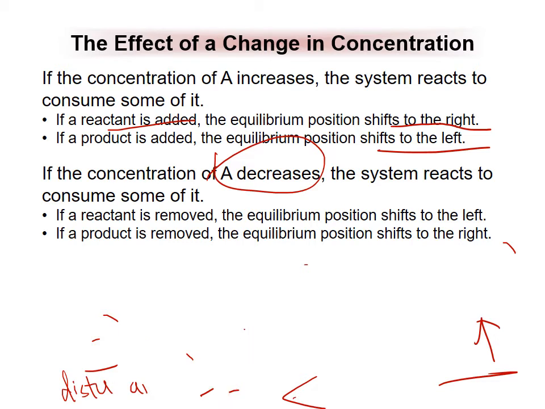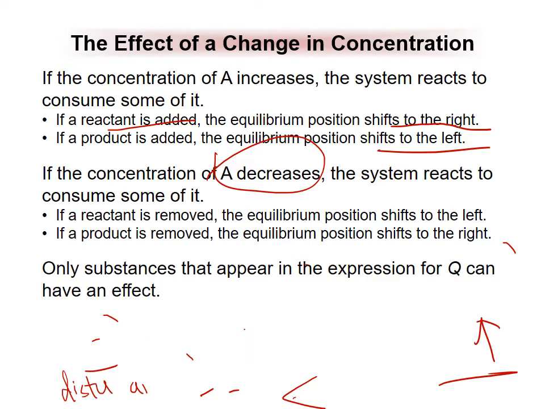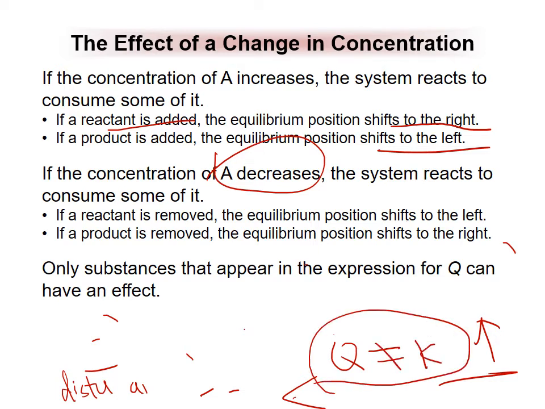Here, only substances that appear in the expression for Q can have an effect. This is because, as we explained, when you change a condition, particularly the concentration, Q changes so that Q is not K anymore. That's the driving force for the reaction to shift position until a new Q becomes K, and the reaction reaches a new equilibrium.